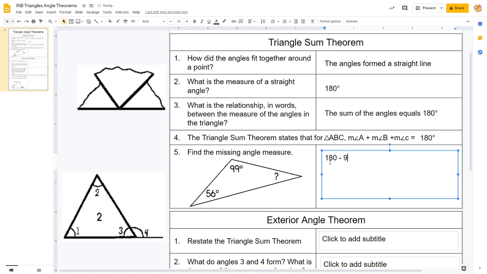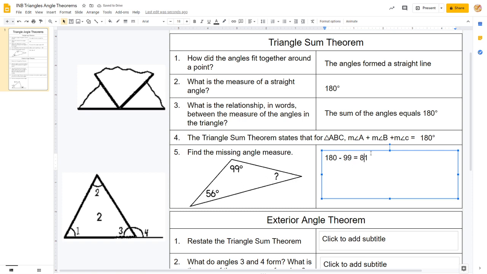Oh, not 900, 99. Let's see, 180 minus 99. I can't do 0 minus 9, so I've got to borrow. So that becomes 10, and the 8 becomes 1. That becomes 17 minus 9, which is 8. So that's the sum of these two.